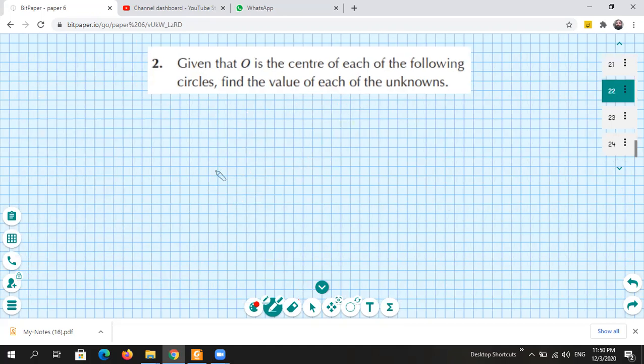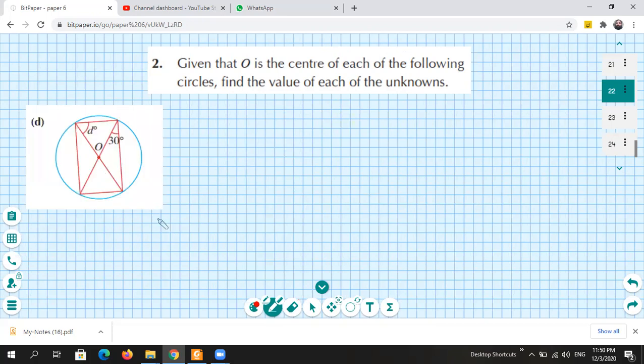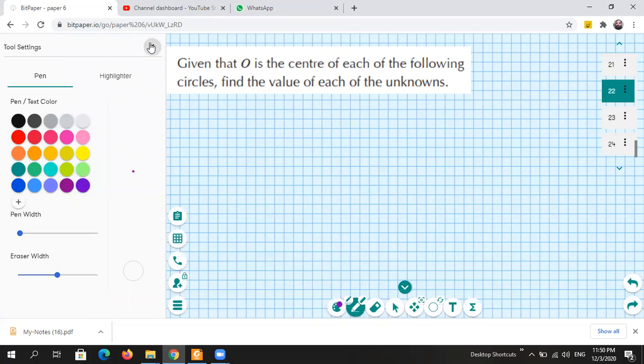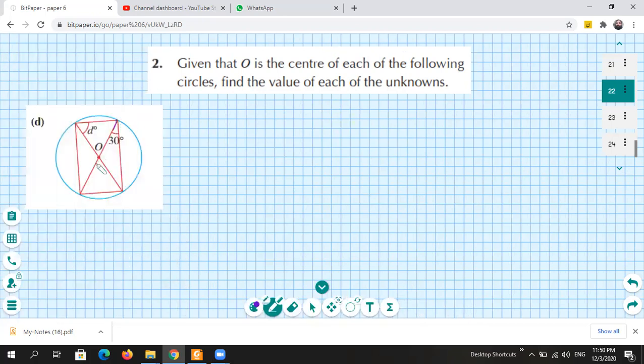Next part D, we have to find the value of D. So this line, I'm making this line with blue color. This line is actually a diameter. So diameter, it means this angle is 90. Similarly, this angle should be 90 as well, because these two angles are formed by the diameter.